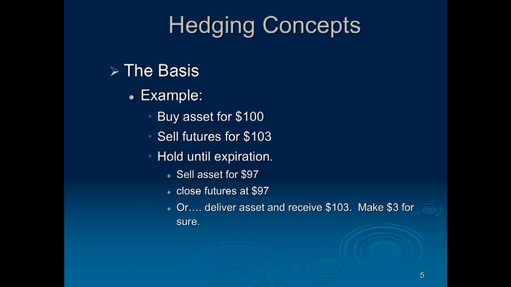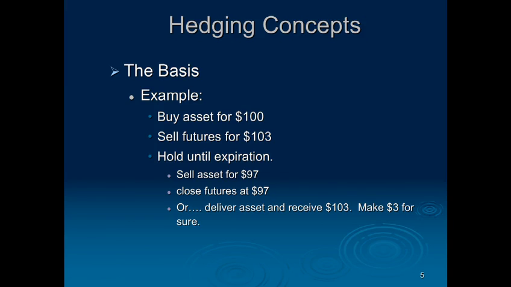So, we know that basis at termination of a futures contract is equal to what value? To what price? 0, right? It has to be equal to 0. In other words, if you hold any hedge until expiration, you are guaranteed to make the initial basis.